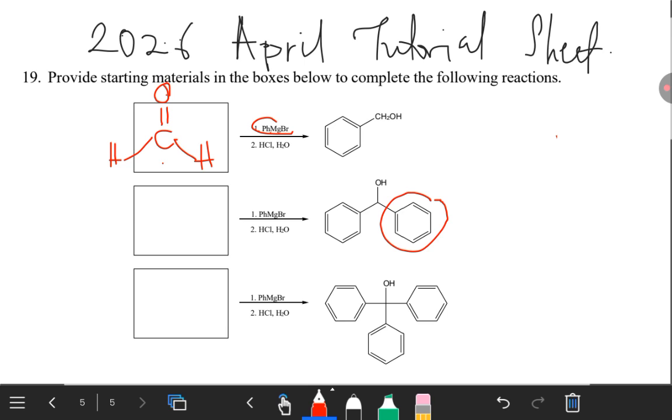Then this part with a carbonyl, we are going to take as the one which came from the starting material, because this phenyl here is actually this group on this side.